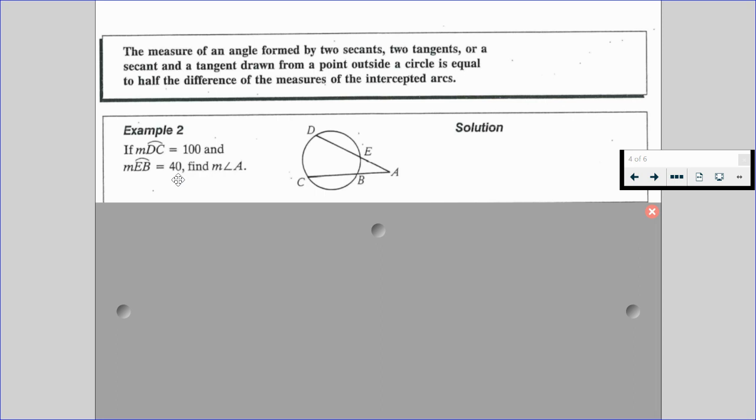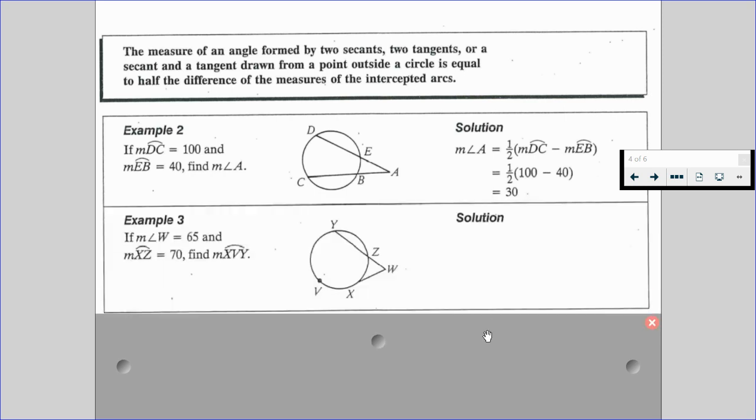In example number 2, if the measure of arc DC is equal to 100 and the measure of arc EB is equal to 40, we want to find the measure of angle A. The measure of angle A is going to be half the difference of our bigger arc, arc DC, and our smaller arc, arc EB. So we take 100, take away 40 from it, and cut it in half, and we get 30.